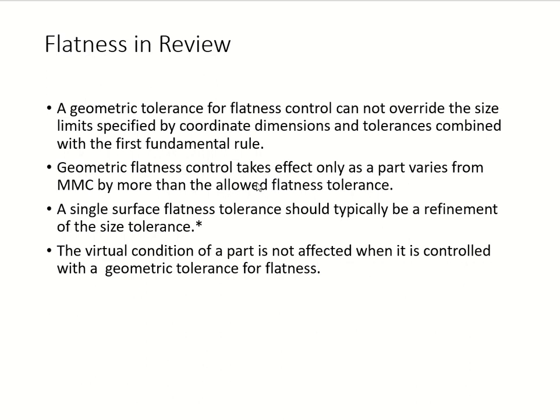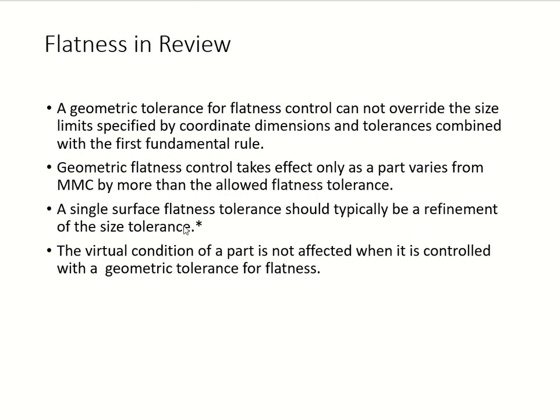So that's your first rule. Geometric flatness control is going to take effect only as a part varies from your max by more than the allowed flatness tolerance. I already showed you the diagram. And your single surface flatness tolerance should typically be a refinement of your size tolerance.